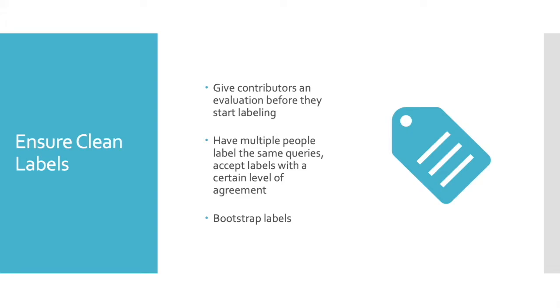You can also have multiple people label the same queries and only accept labels with a certain level of agreement. And once you have an initial model, you can help speed up labeling time by using the model predictions to bootstrap your labels. Then instead of a label generation task, it becomes more of a verification task, which is generally faster and easier to do.